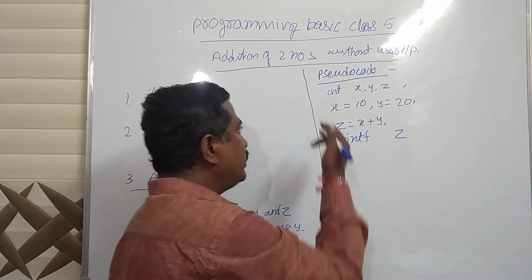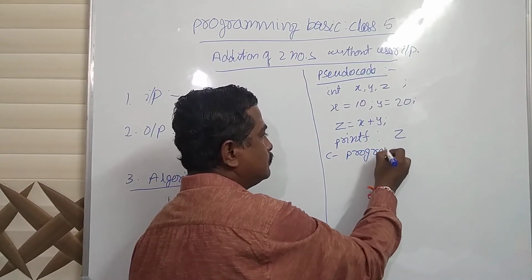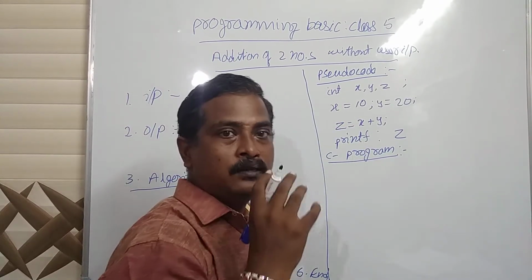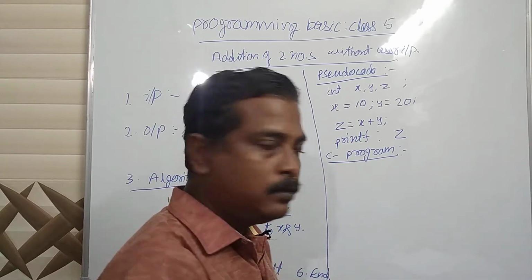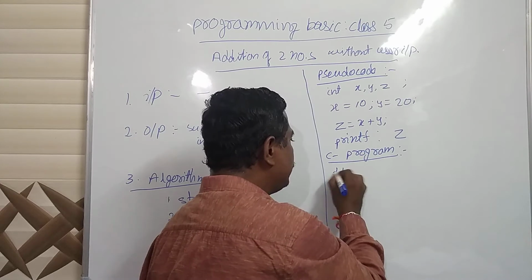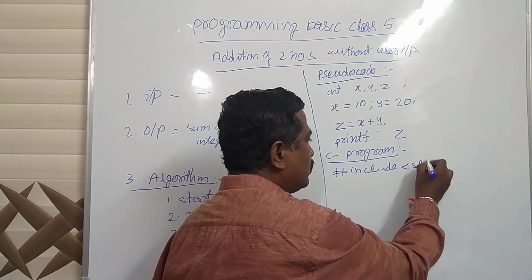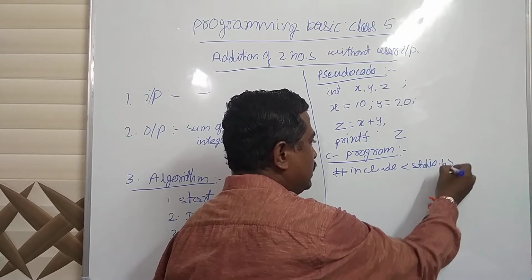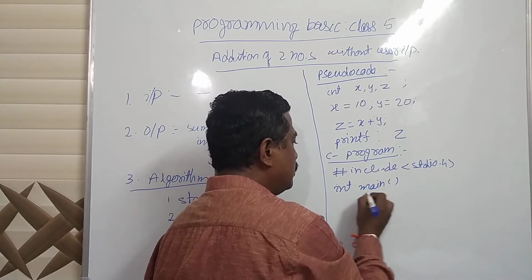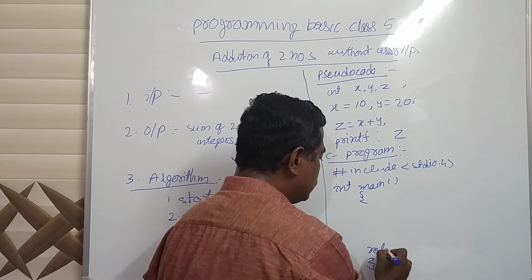Now when you are writing the C program, how will we write? First put the frame, put the format. In my last video for the hello world program, I have taken the format. For a C program, it has include stdio.h. Here you may take int main or void main, opening curly bracket, closing curly bracket, return 0.